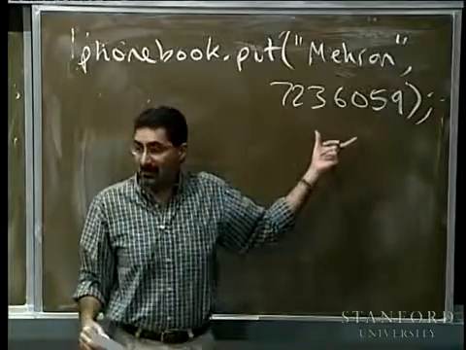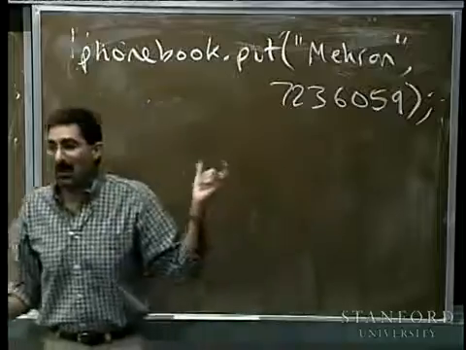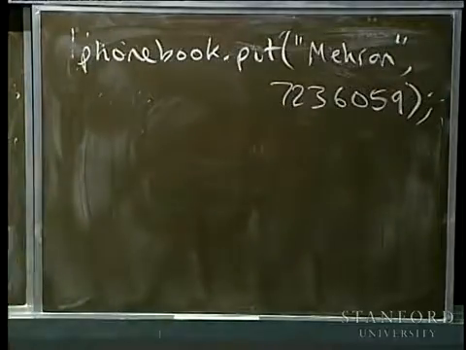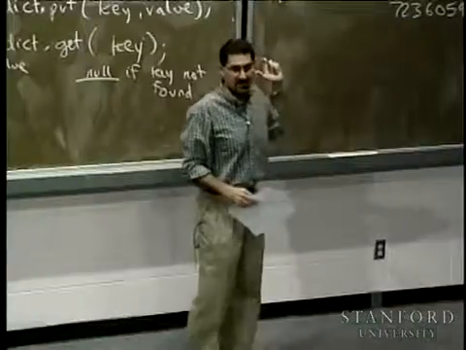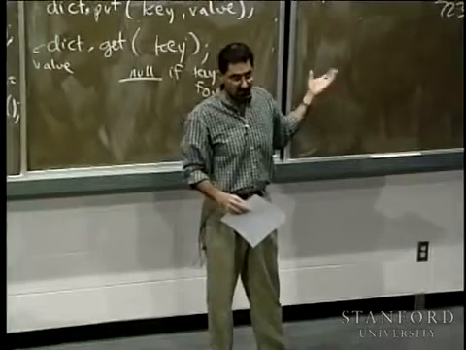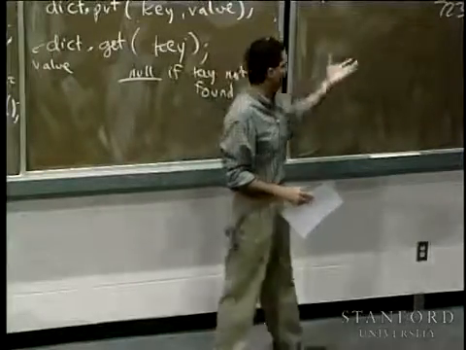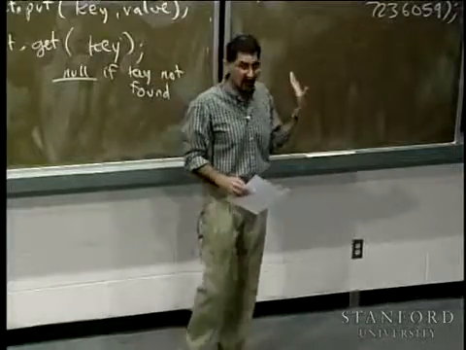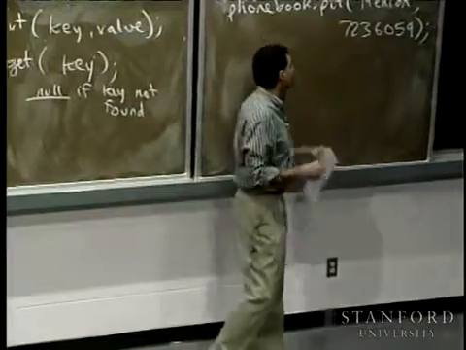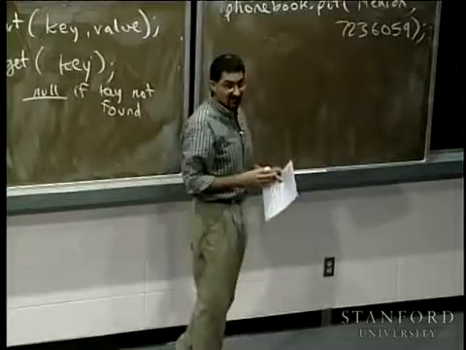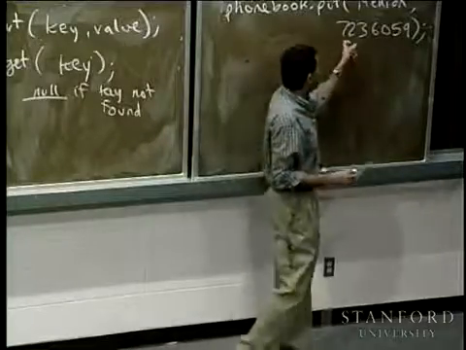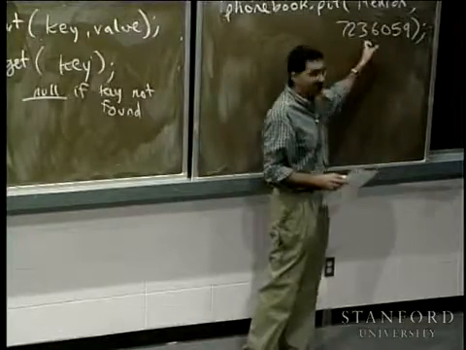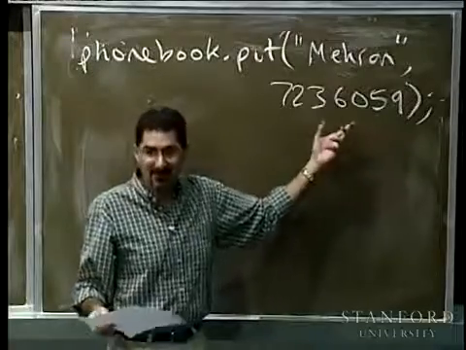In order for it to become an integer, it is automatically going to get boxed up for you as an integer, and then that's what's going to get stored. This autoboxing makes it a little bit more seamless to use with an int. But if you try to do this in an older version than Java 5.0, it would actually give you an error because it didn't do the boxing for you. Notice there's no dash in there, by the way, because then my phone number would be some negative number, 723 minus 6059, and that's bad times.